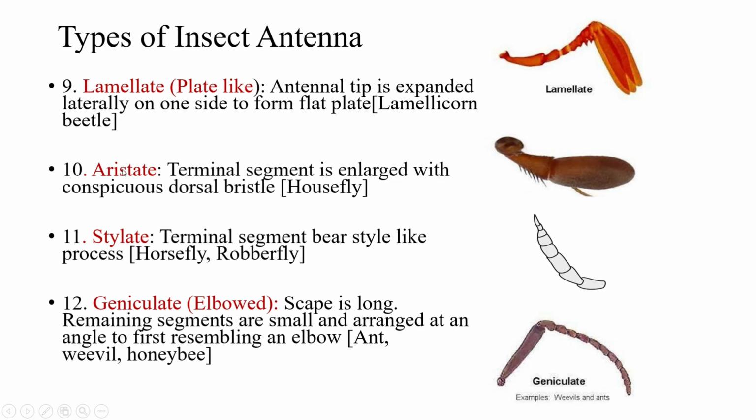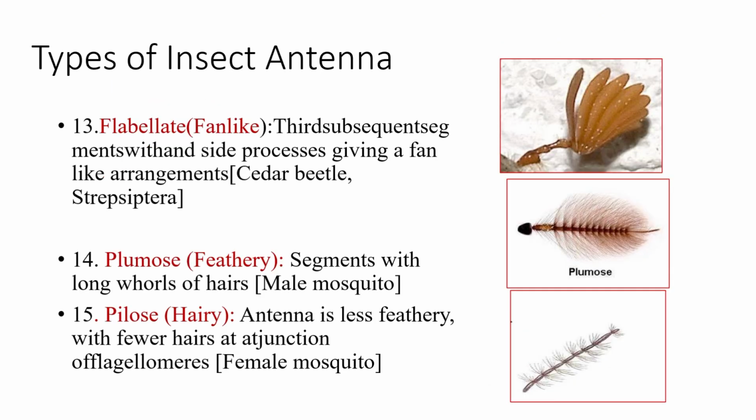And aristate: the terminal segment is enlarged with a conspicuous dorsal bristle, for example in the housefly. Stylate: the terminal segment bears a stylet-like process, as in the horsefly and robber fly. And geniculate: the scape is long, the remaining segments are small and arranged at an angle to the first, resembling an elbow, as in weevils and honeybees.